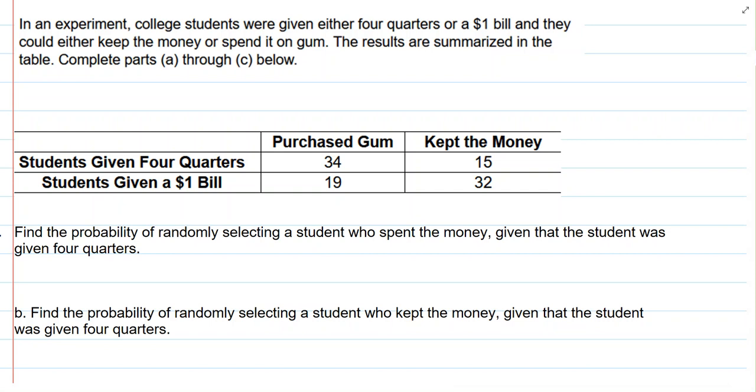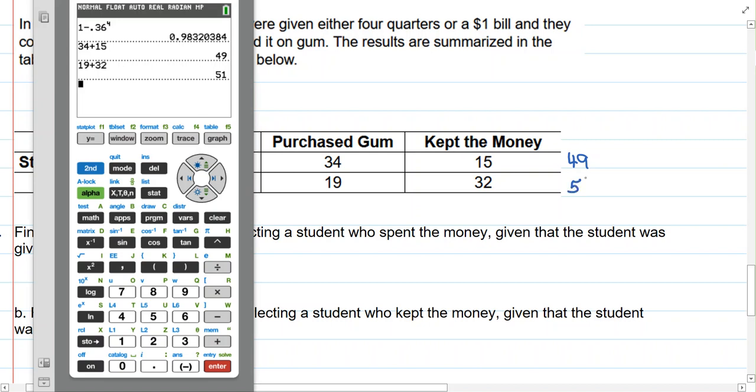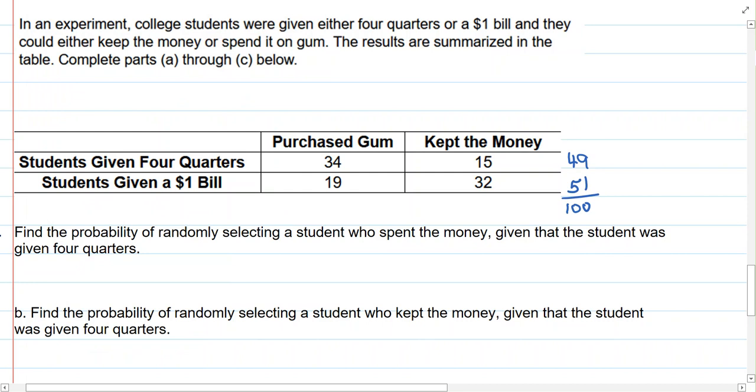So now we're going to add our columns, or categories. So let me get my calculator. Okay, so we have 100 subjects that were given this stuff.